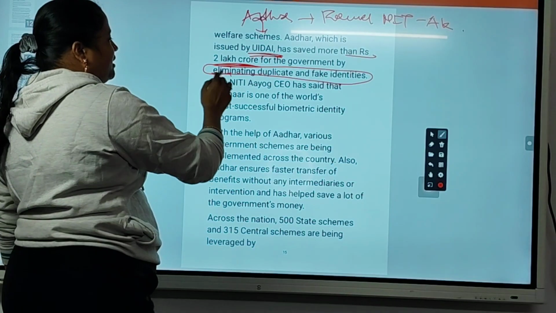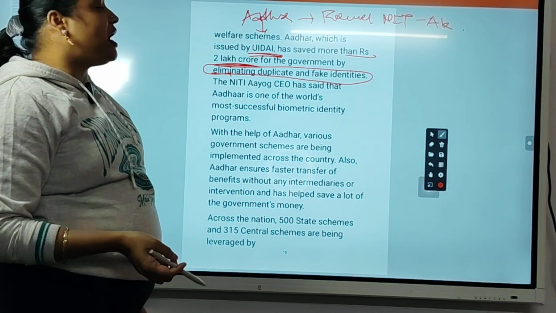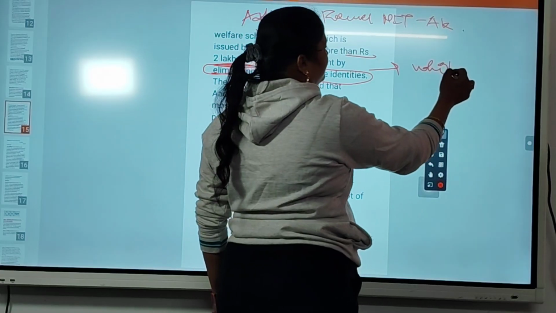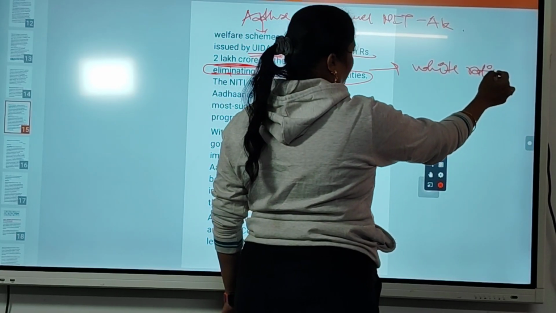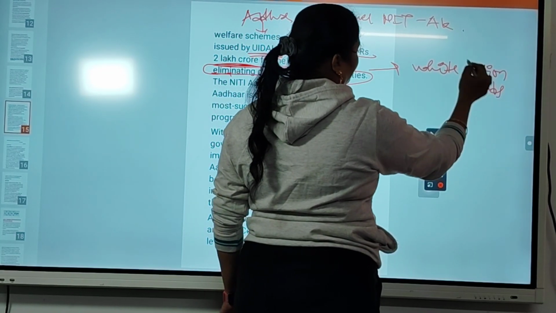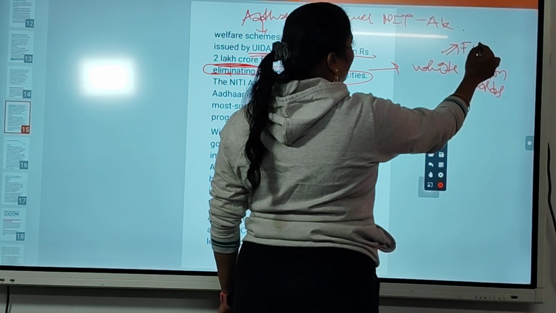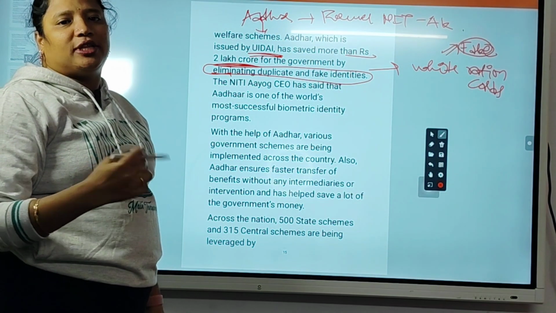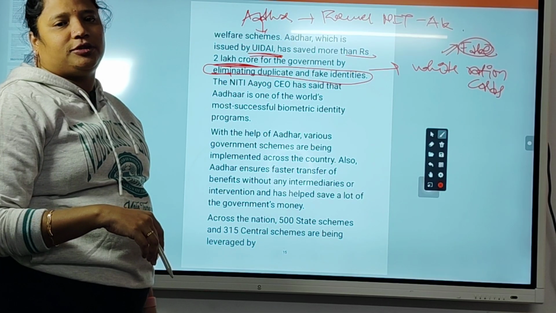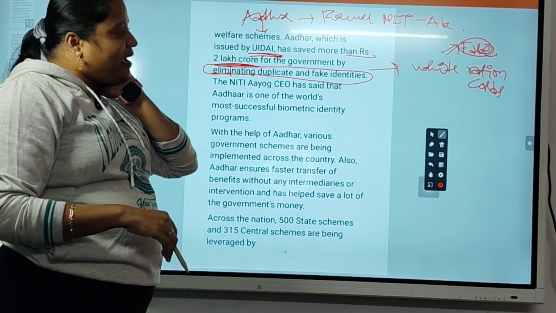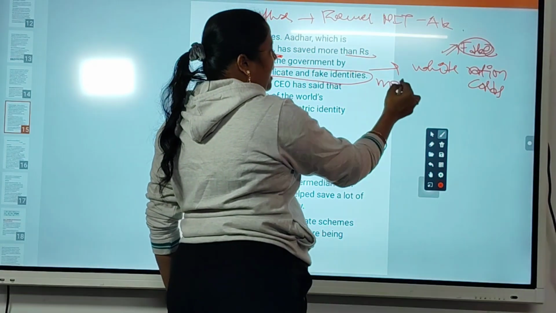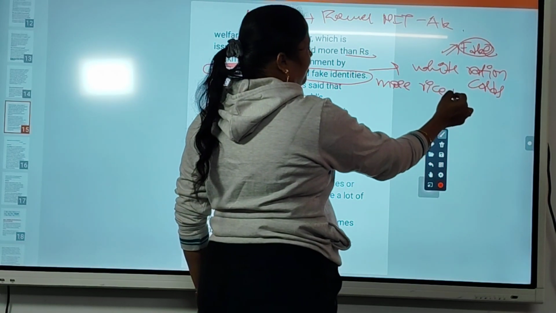by eliminating duplicate and fake identities. Before Aadhaar, people used to use fake ration cards. By using these fake ration cards, they used to get more rice than they deserve.